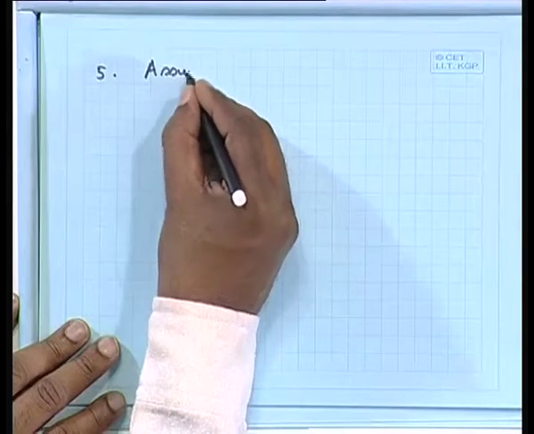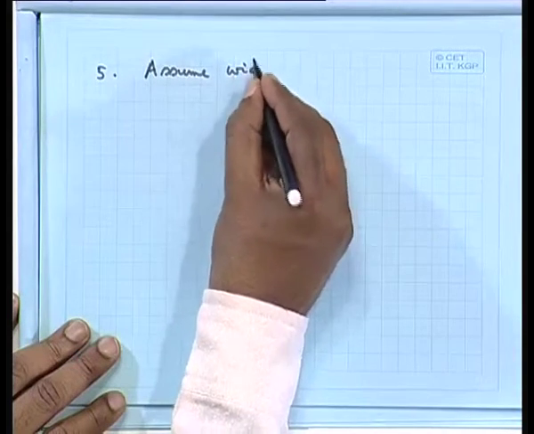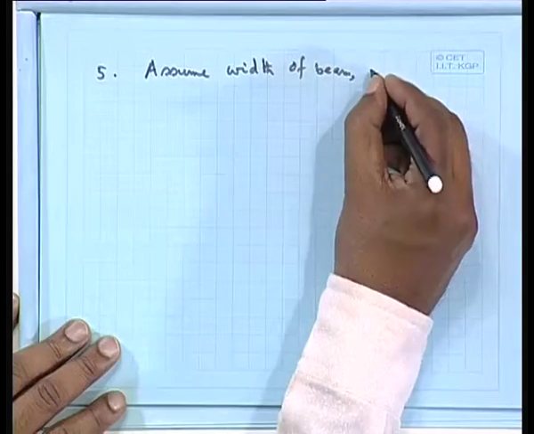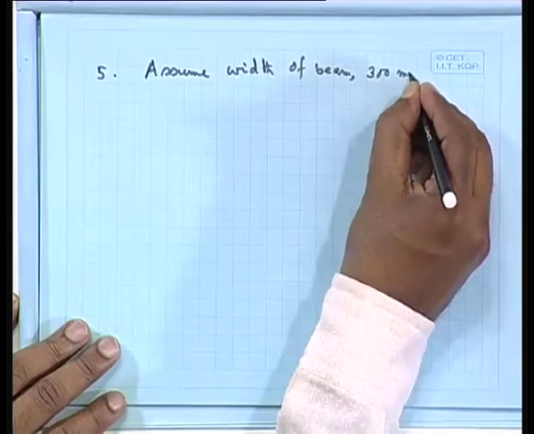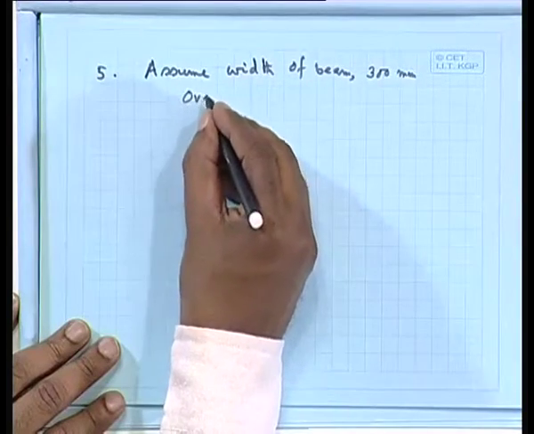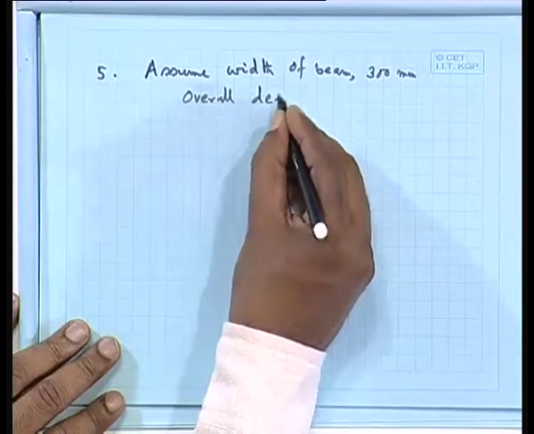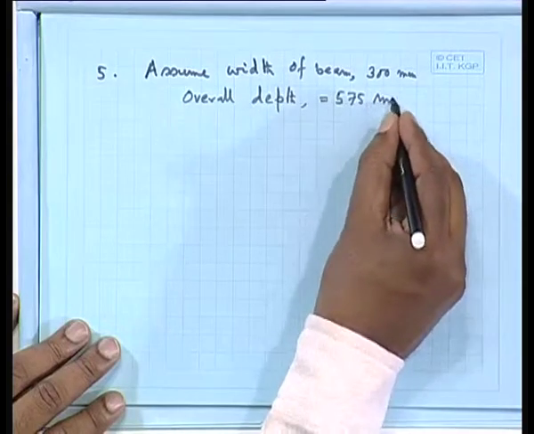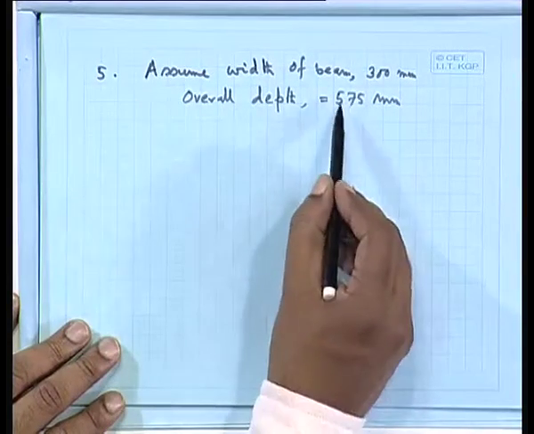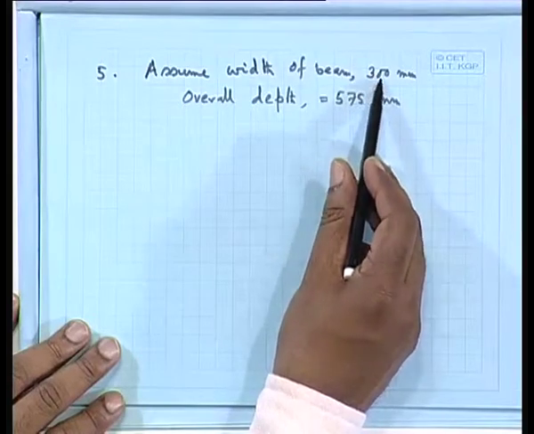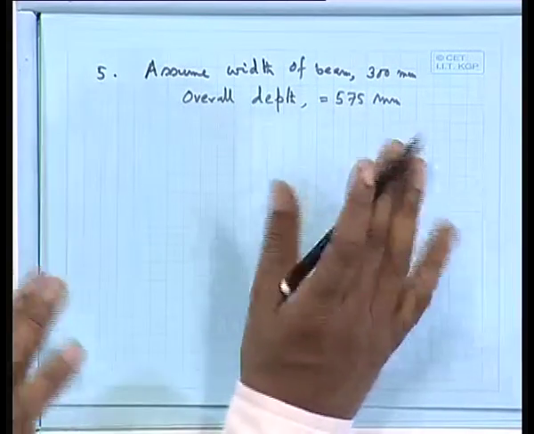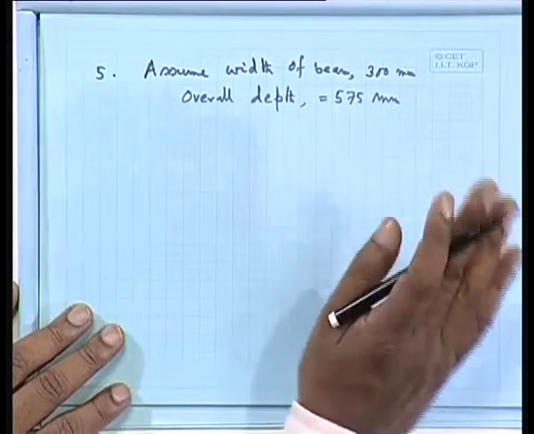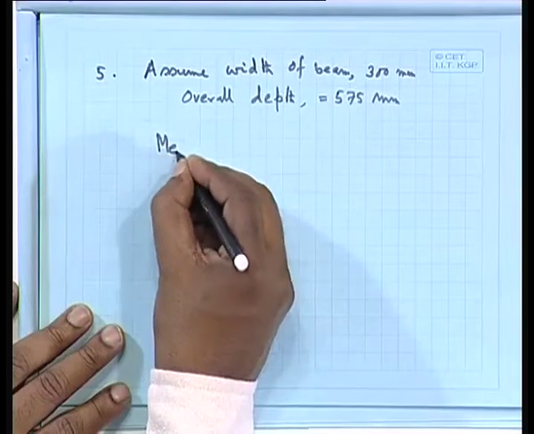Assume width of beam say 300 millimeter, overall depth 575 millimeter. Here overall depth 575 millimeter. Since I have changed the width to 300, I could reduce it. Or anyway, let us not change it, because it may happen that the value will come less. Okay, but anyway, let us not reduce it at this stage.